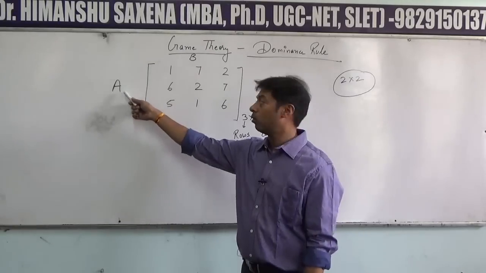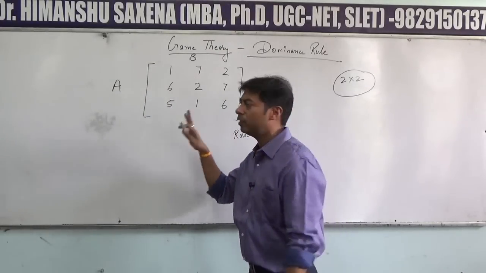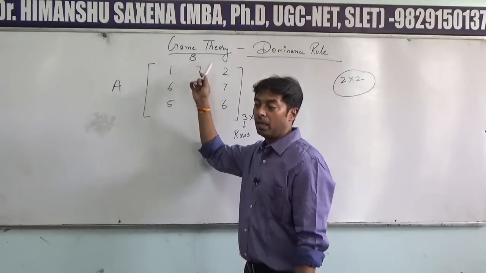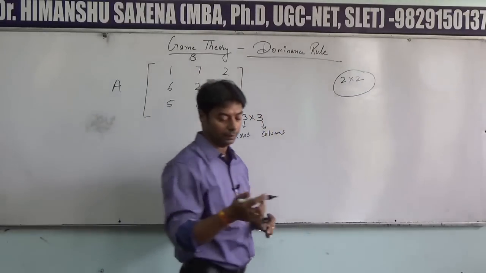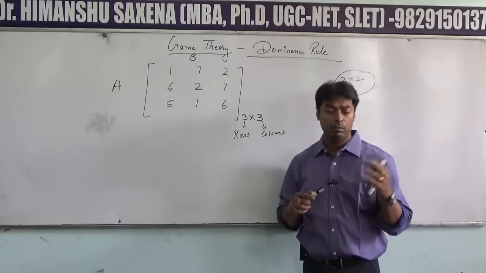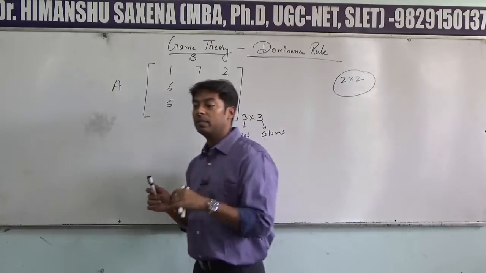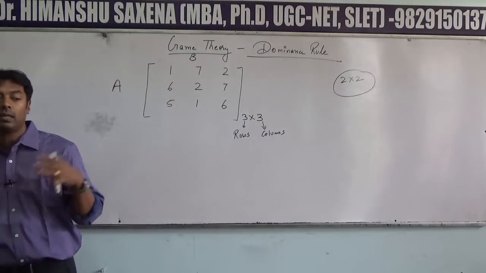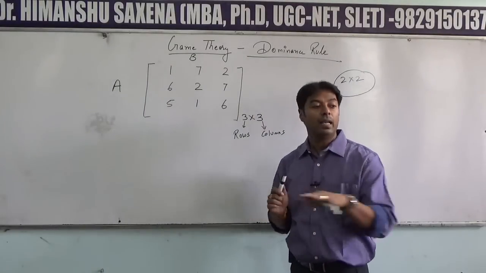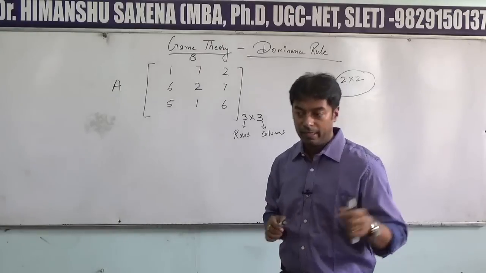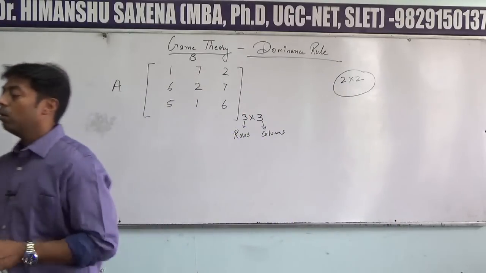Player A, who is a row player who is trying to maximize his profits, and player B, who is a column player who is trying to minimize his losses. So all those rows which are having lesser or equal values as compared to another rows, all those rows will be eliminated or deleted.